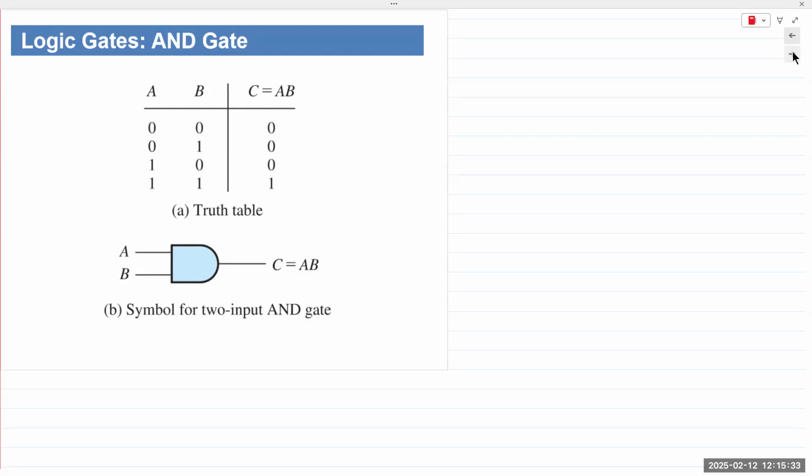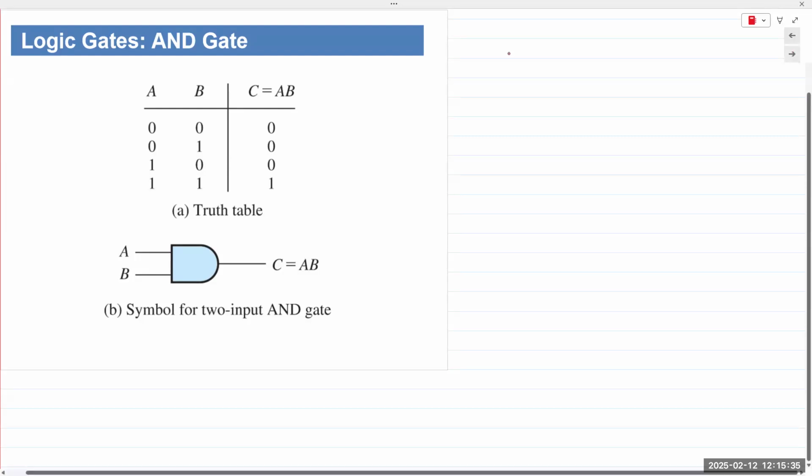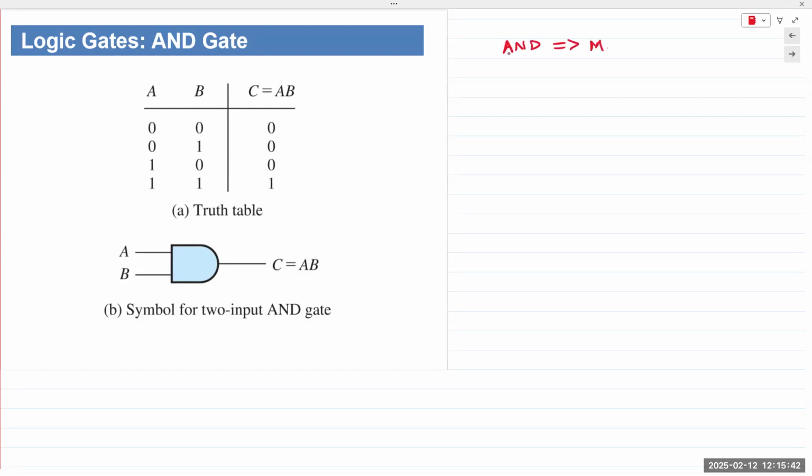But here in logic design, AND means mathematical multiplication.